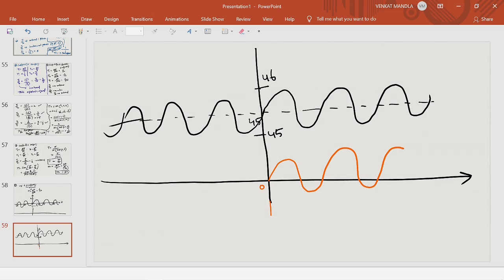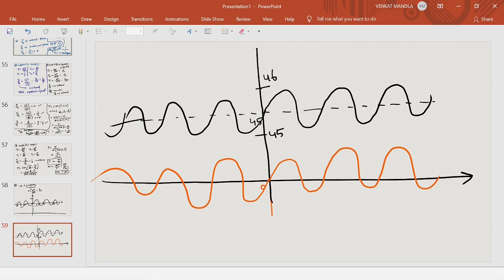This is the initial case. This is repeating on the 0 line, but now it is repeating on this 45 line, from minus infinity to plus infinity. It is repeating, so it is a periodic signal.